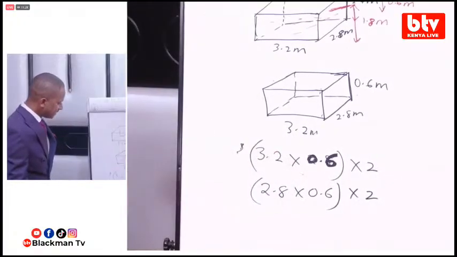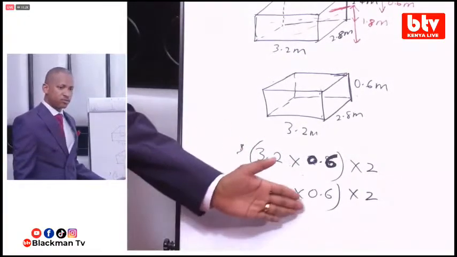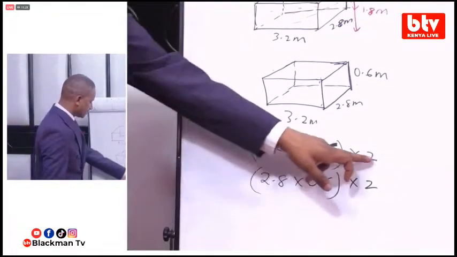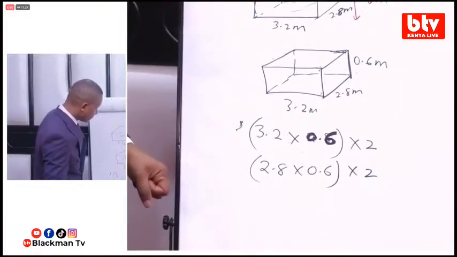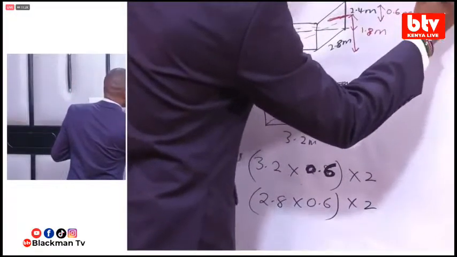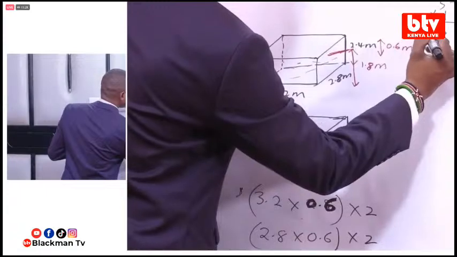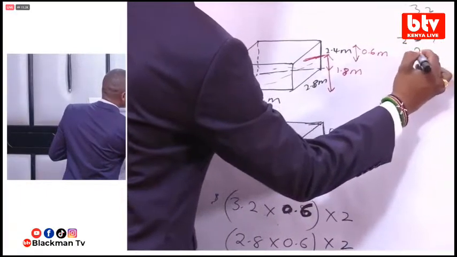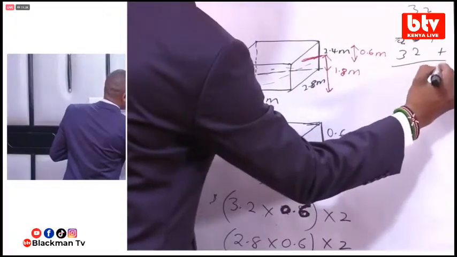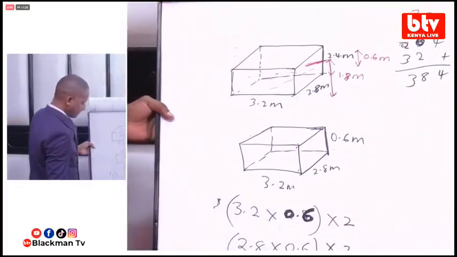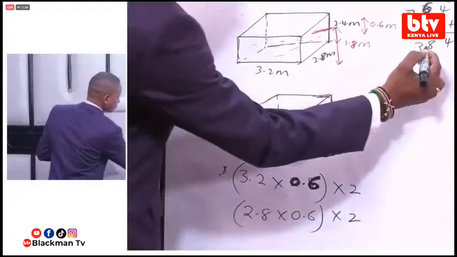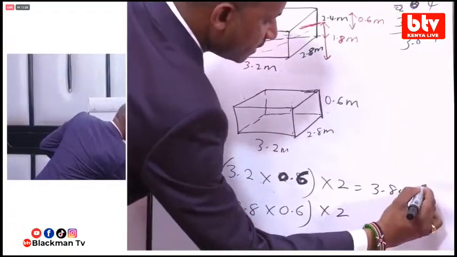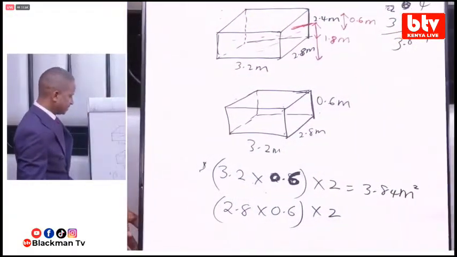So when we open this up, we just want to do multiplication, and you can use your calculator. 32 times 12 gives 384, with two decimals, so this is 3.84 meters squared, because it is area.